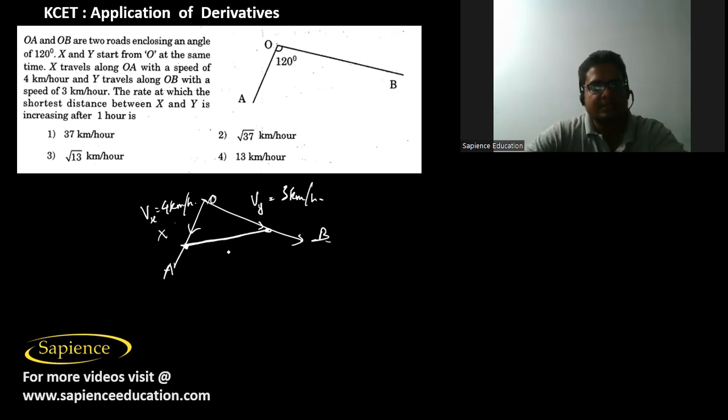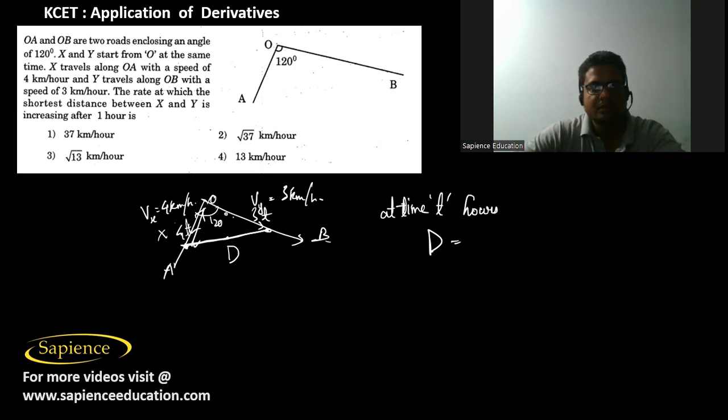So I can take this length as, suppose, capital D. The angle here is 120 degrees. At time T hours, this length will be 4t, and this will be 3t.